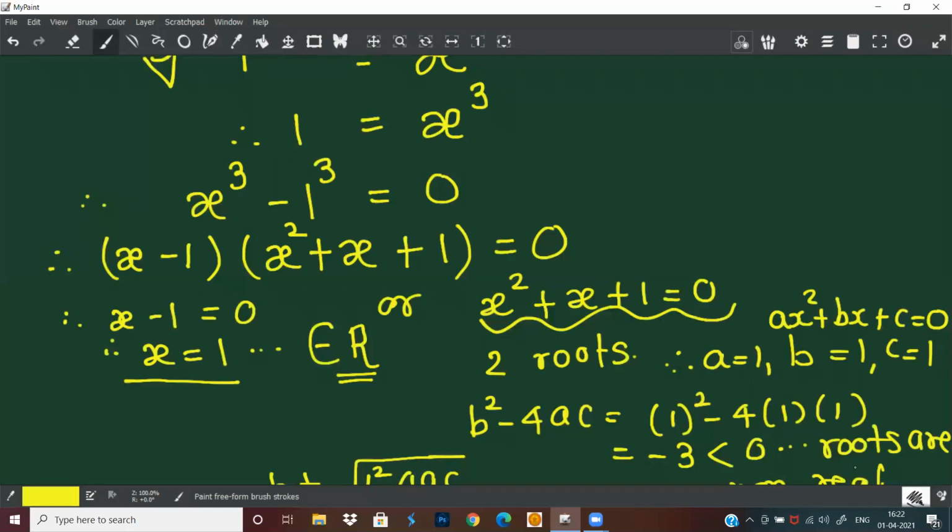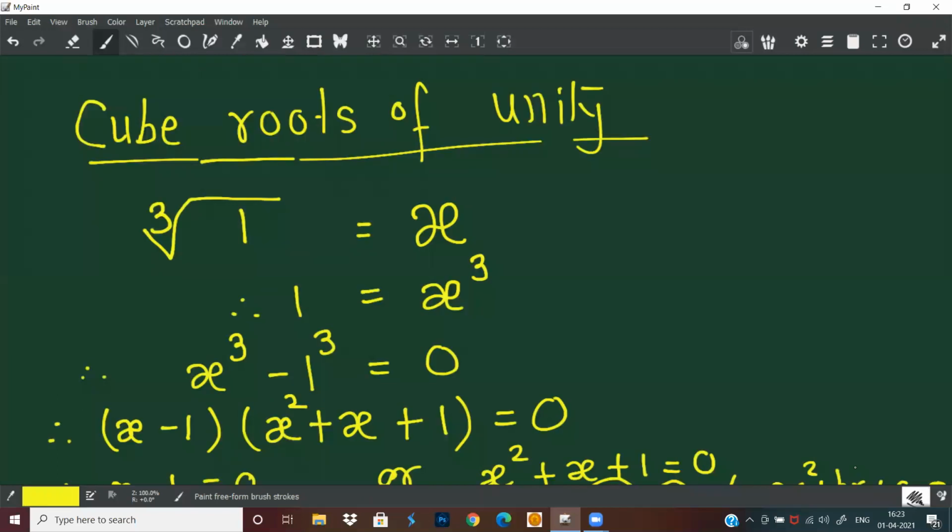I repeat, we are starting cube roots of unity. Which is cube root of unity, you take it as x, cubing both sides. Are you writing? All of you writing with me? Okay. Yes, Karthik. So a cube minus b cube, say you factorize a minus b into a square plus ab plus b square.